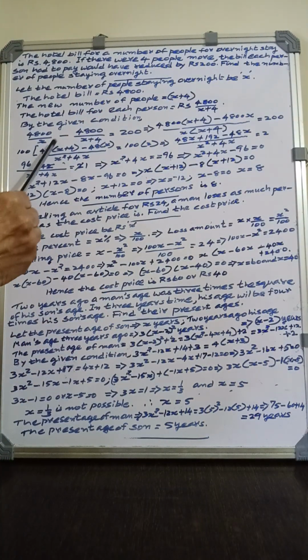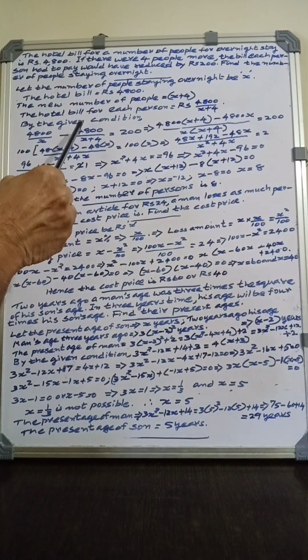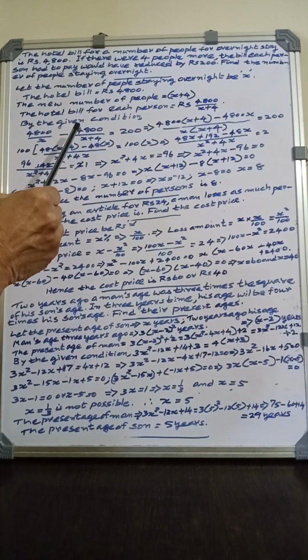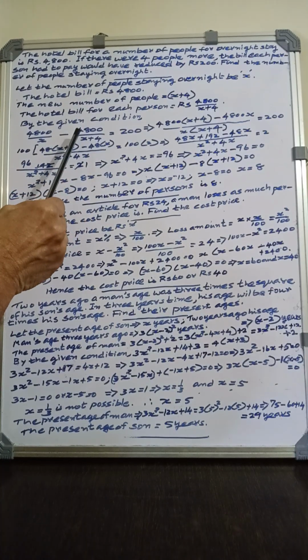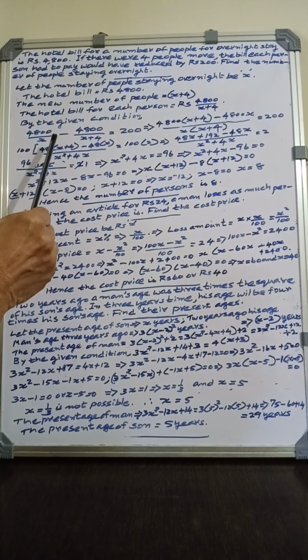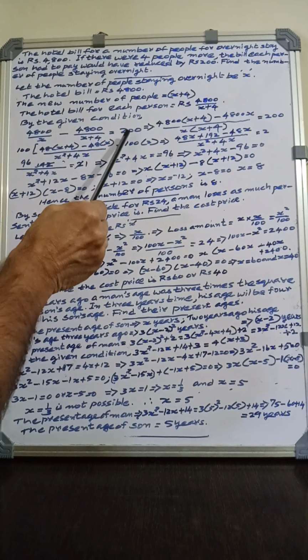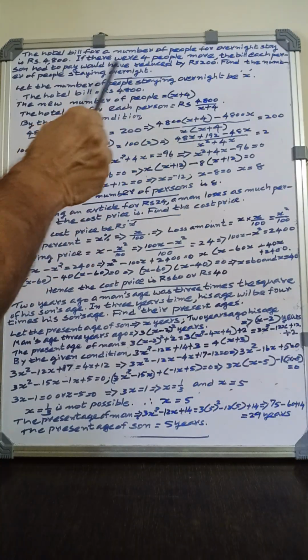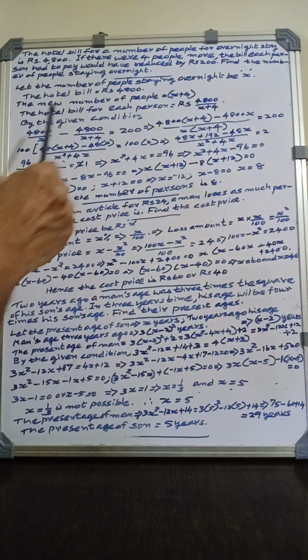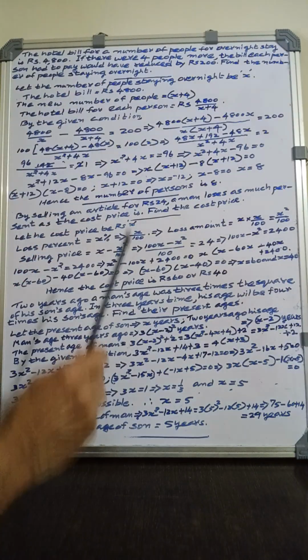Therefore, at first, each person has to spend 4,800 by x, and when the 4 people joined newly, each person has to spend 4,800 by x plus 4. When we subtract, it is 200. That is reduced by rupees 200. That is the equation related to this question.